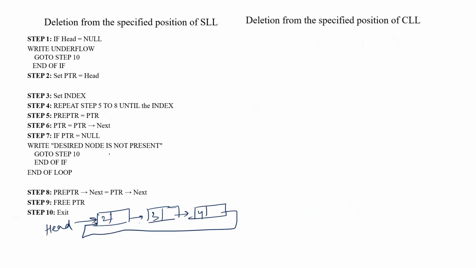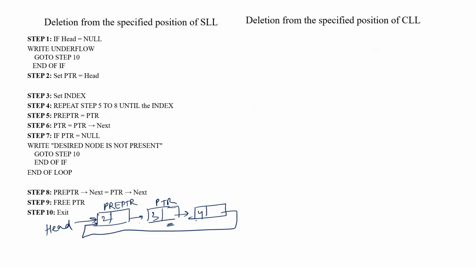Now we are going to delete the element from the circular linked list. So if you want to delete, let's suppose, 3, we are going to do the same thing which we have done in the singly linked list. We are going to take pointers and finally we'll connect 2 with the 4.